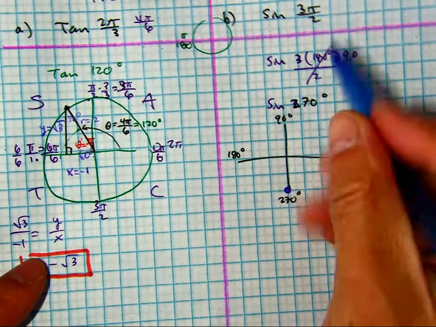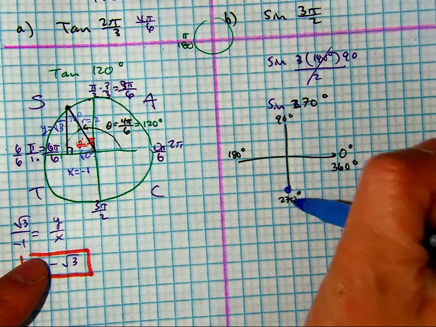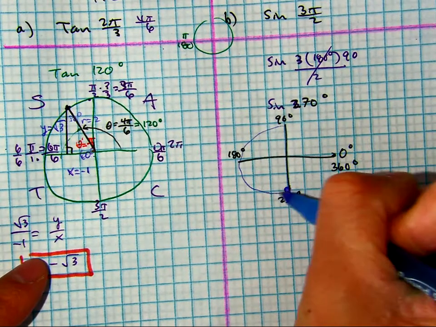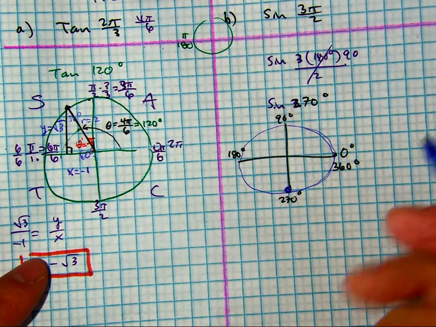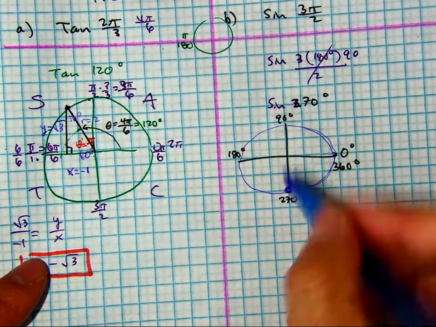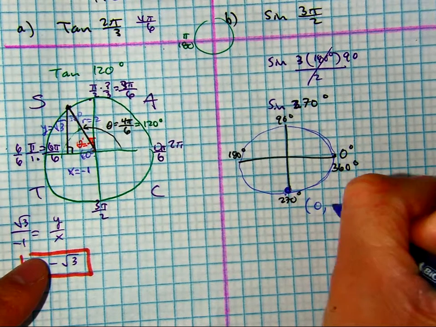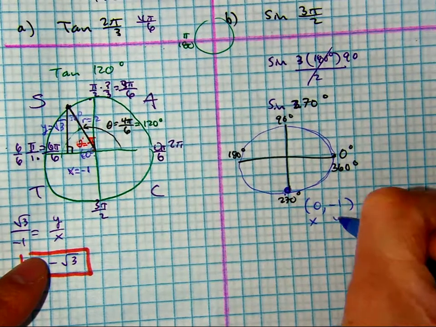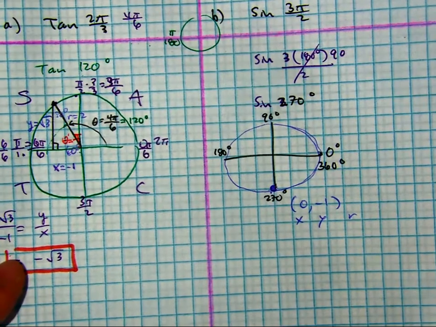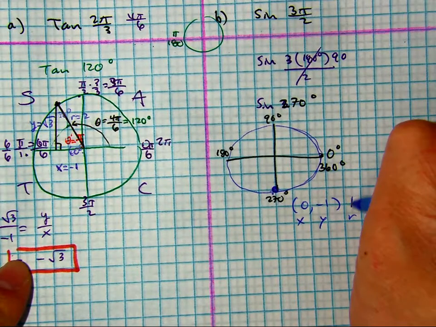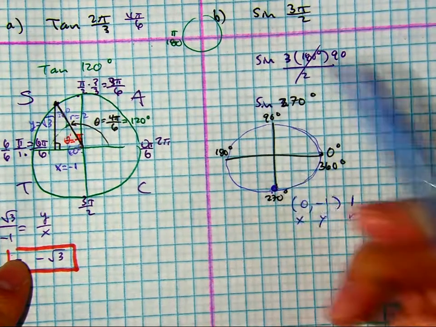Class, if it lands on a quadrantal angle on one of the axes, what's my ordered pair? The distance is 1. So what's my ordered pair? 0, negative 1. My x, y, and then my r value will always be what? 1. Sine is which two letters?